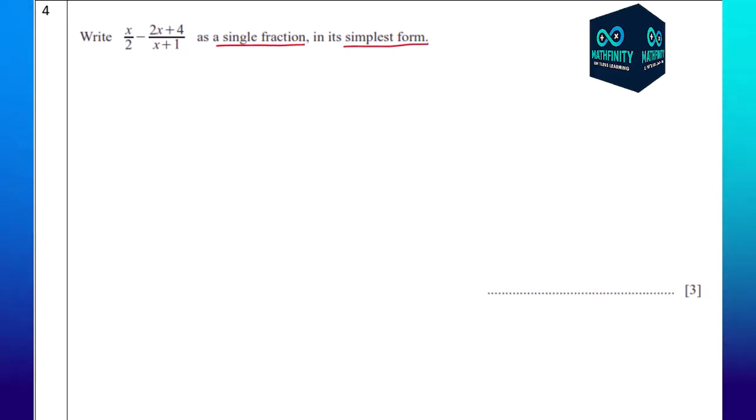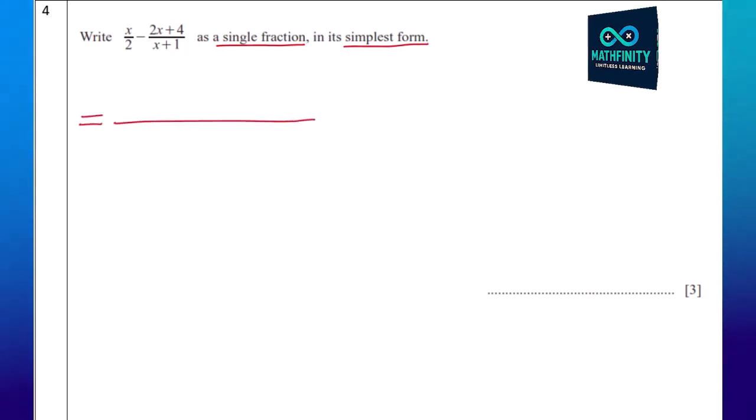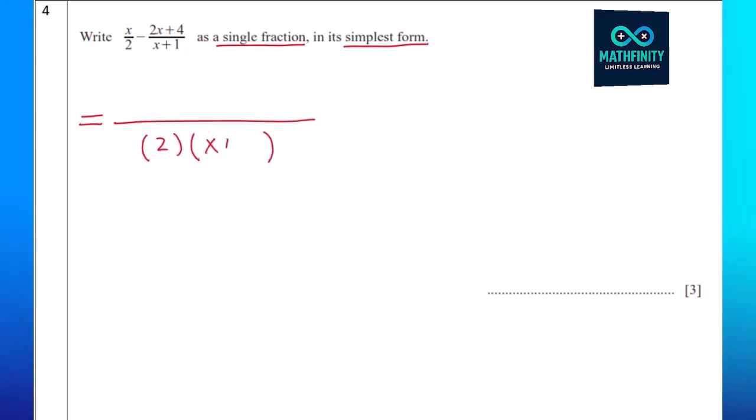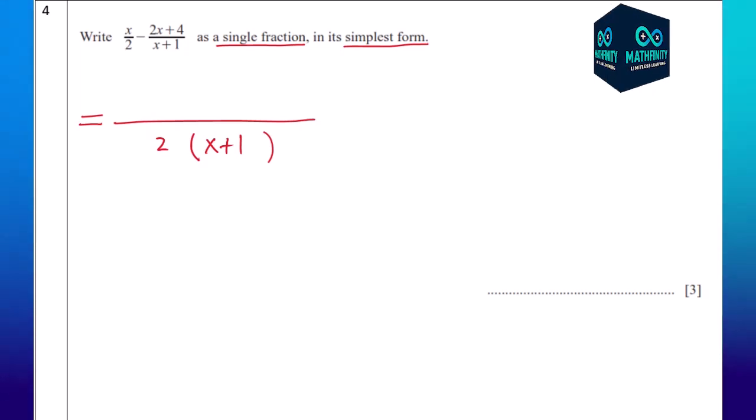The same steps. First, we will multiply the denominators, like 2 in one bracket, and in another bracket x plus 1. If you don't want to show the brackets at first, you can also write like this, but it's up to you as you feel comfortable. After multiplying the denominators, as I told you, the better way is to put x in a bracket.